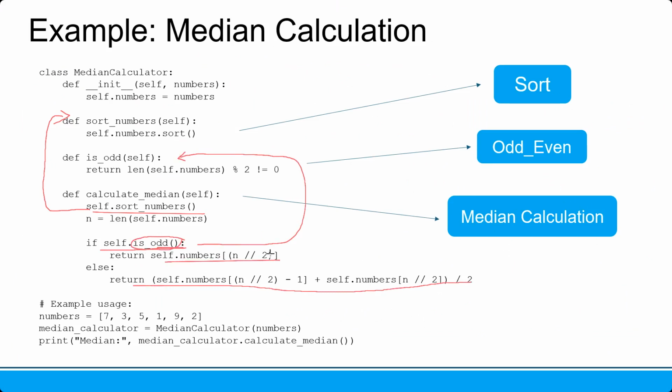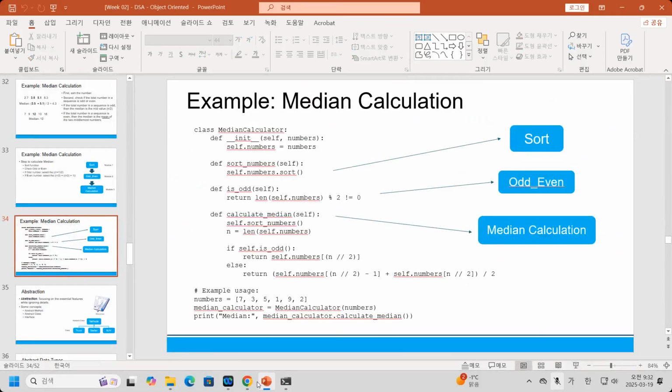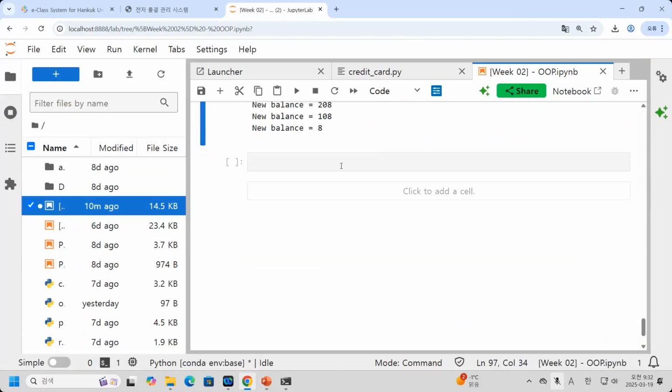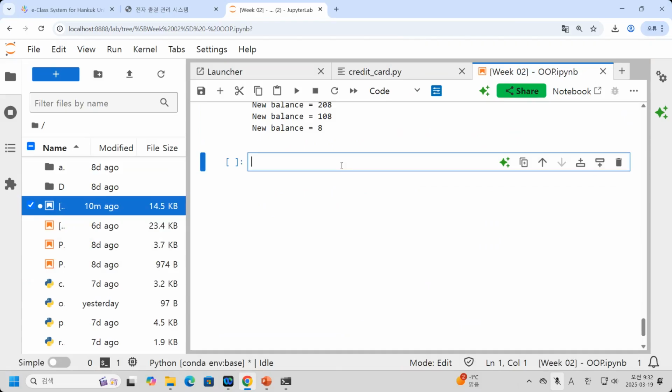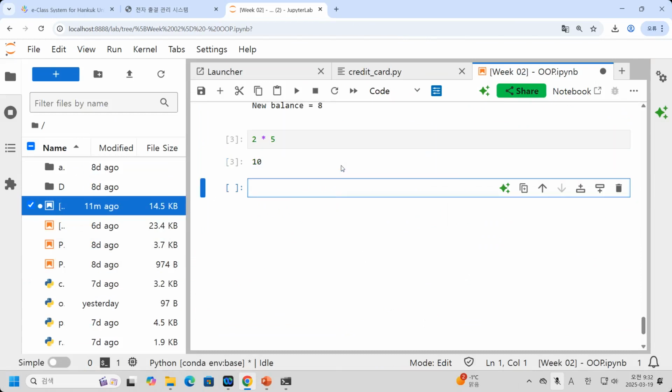So what does it mean by this one, n slash slash 2? You still remember? If you learned computer programming, I think you know this one. So let me just try with the simple calculator. 2 multiplied by 5, it is 10.